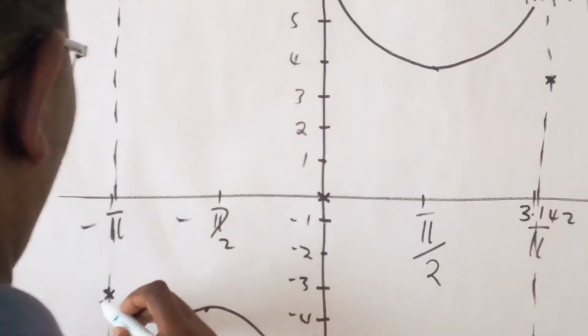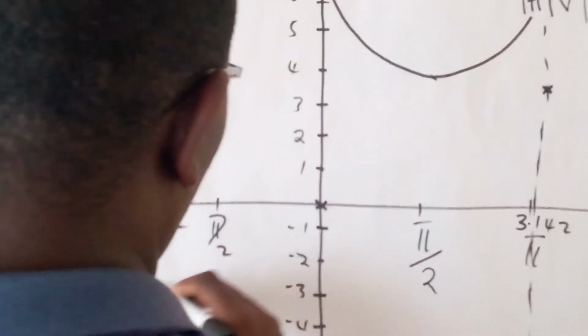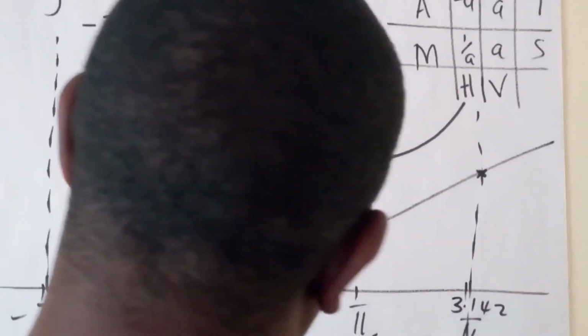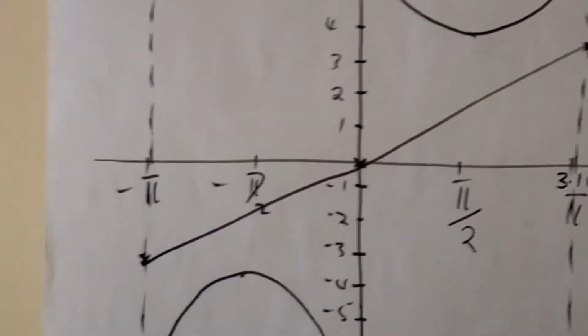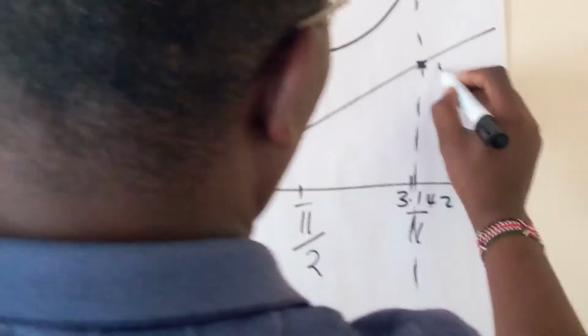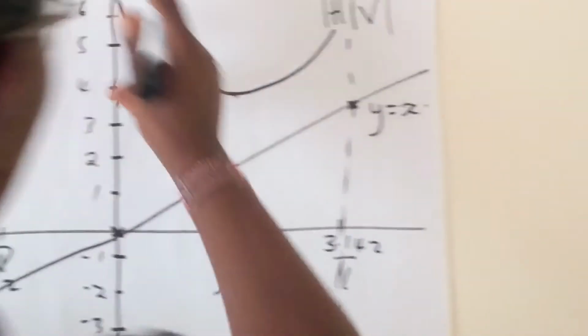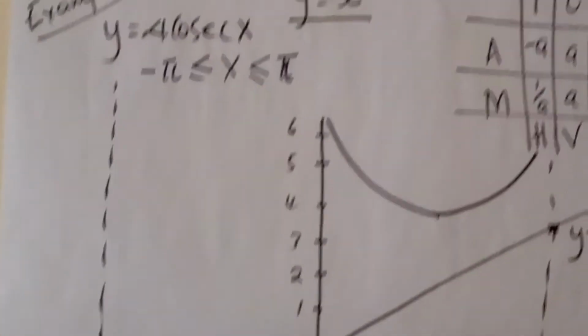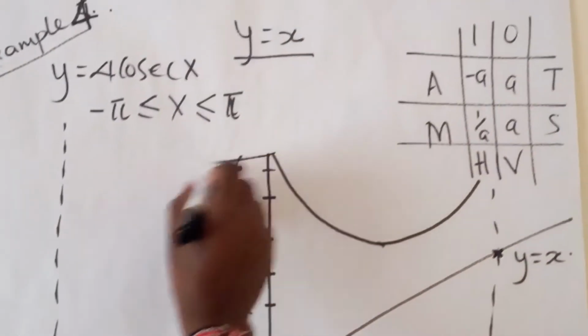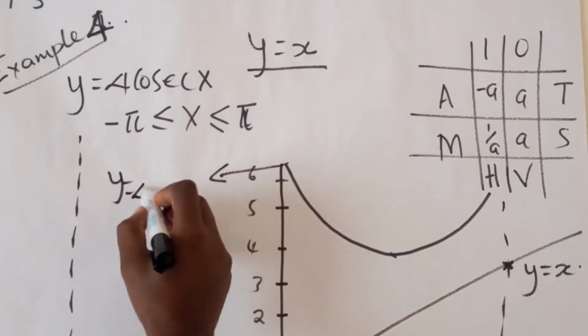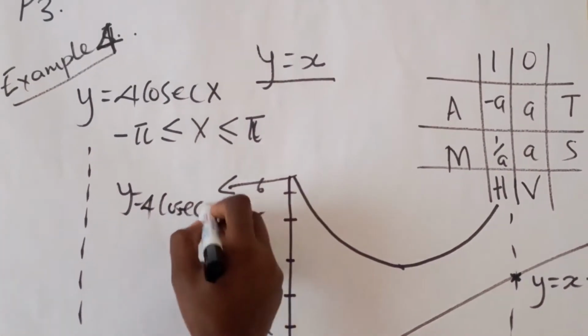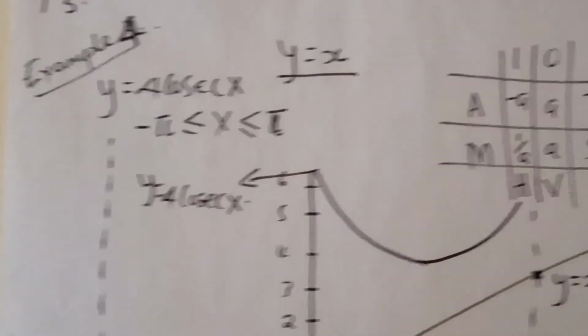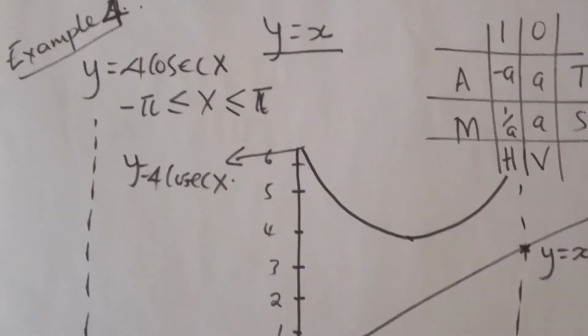So we have a very straight line that looks like that. We name it y is equals to x. And you can see the curve, this is the graph of y is equals to 4 cosec x. And the two graphs are in the same set of axes.